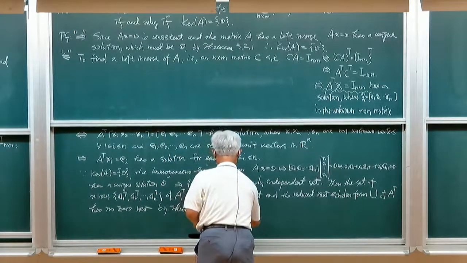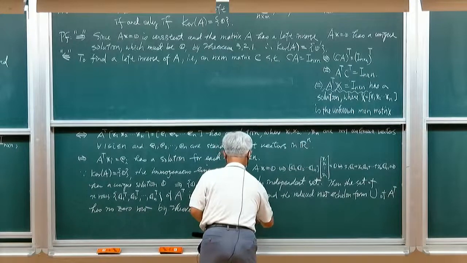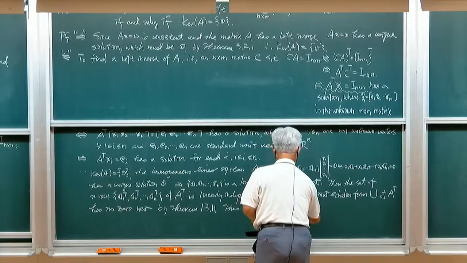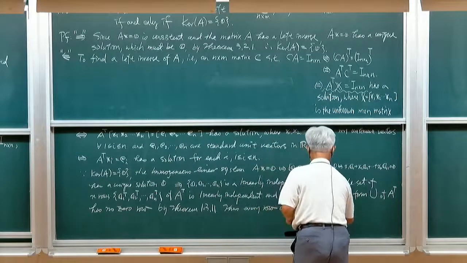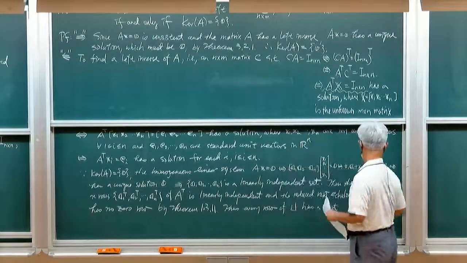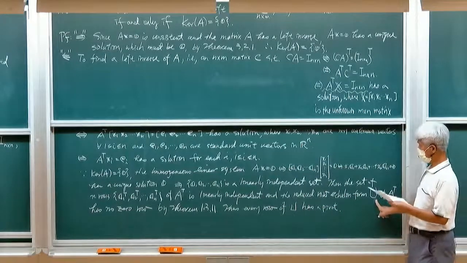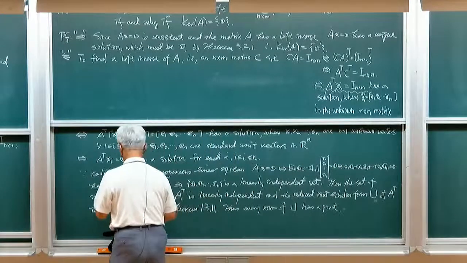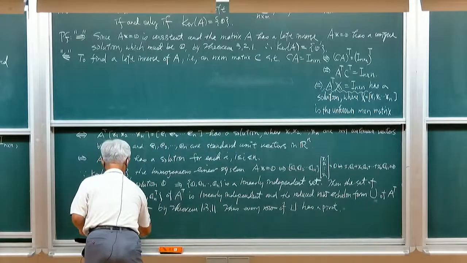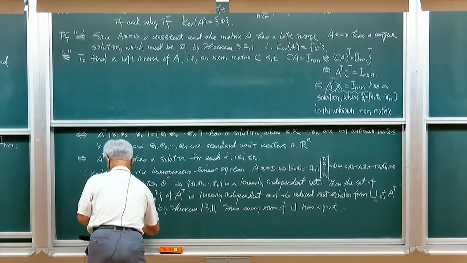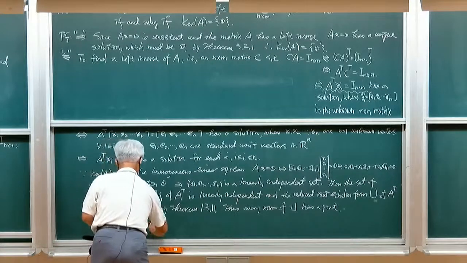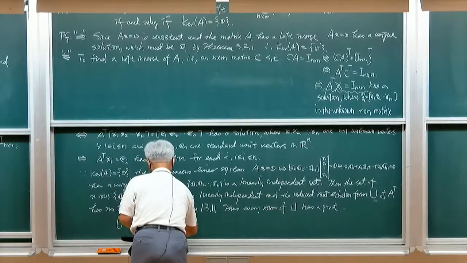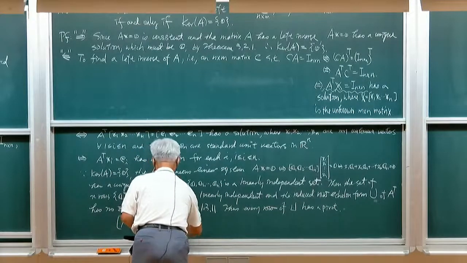Thus every row of U has a pivot, where U is the row echelon form. Now A transpose x equal to e_i is equivalent to U x equal to u_i.